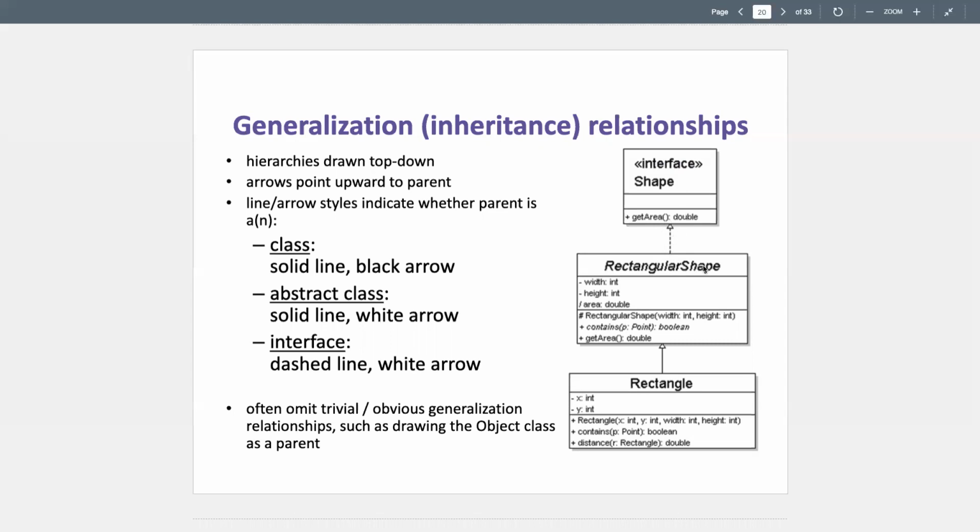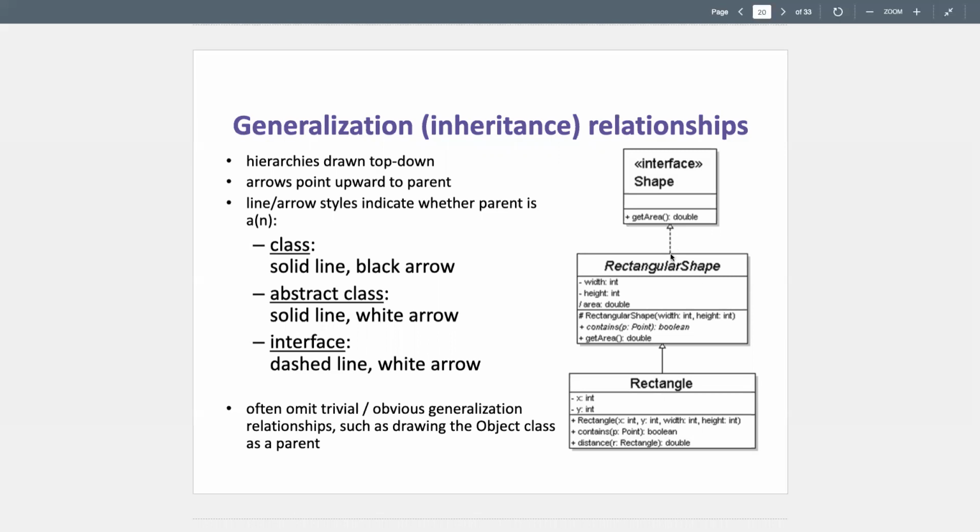And I have rectangular shape and rectangle. You'll see an arrow here. So the solid black arrow is going to represent extends, and the dashed line will represent implementing an interface.